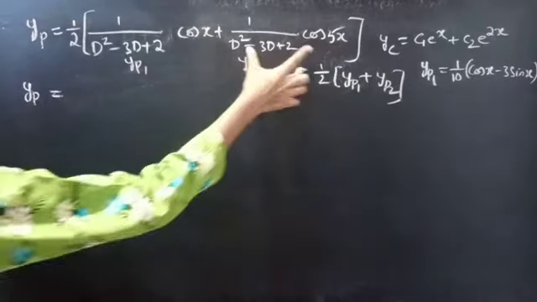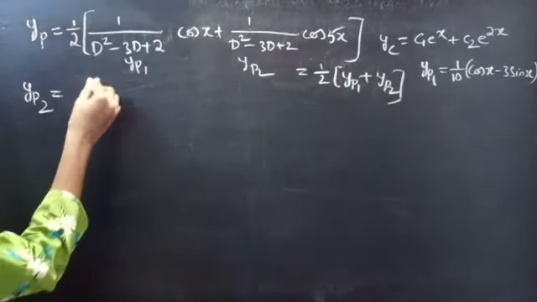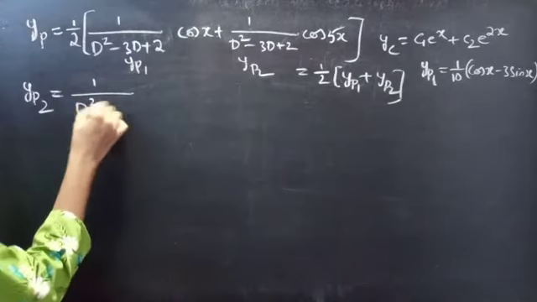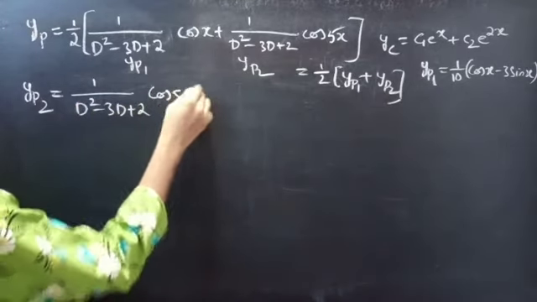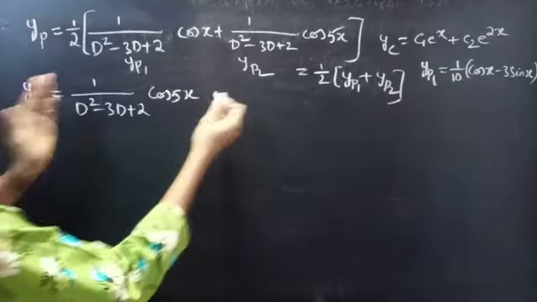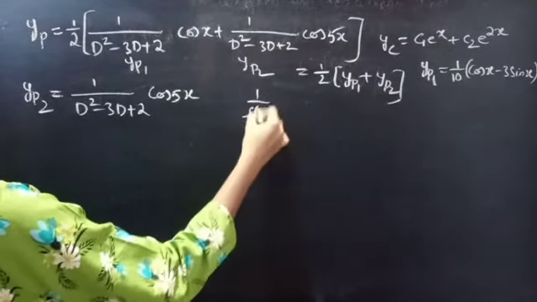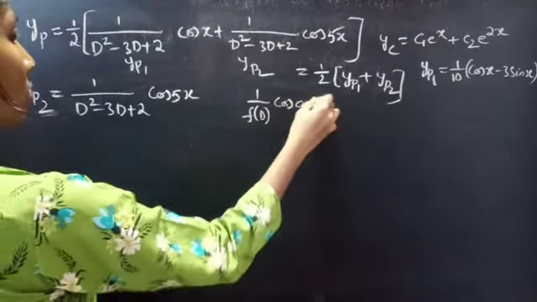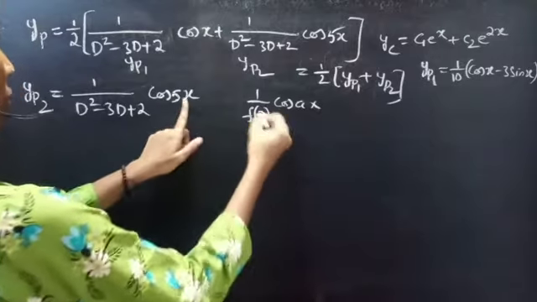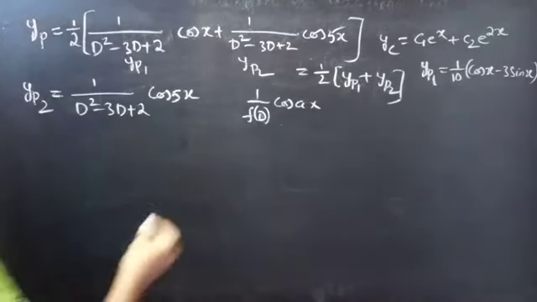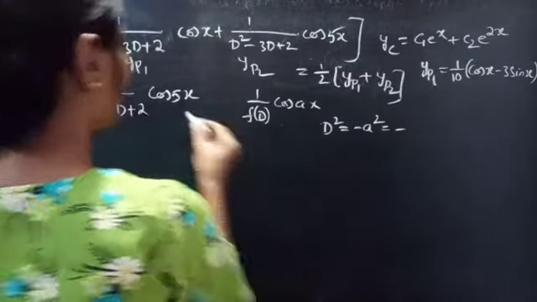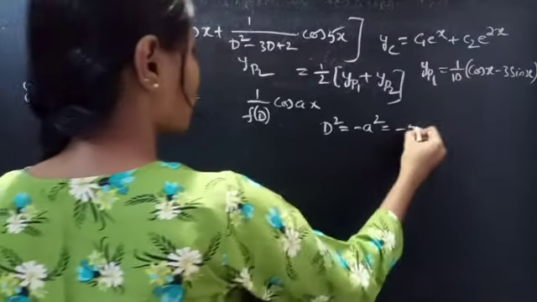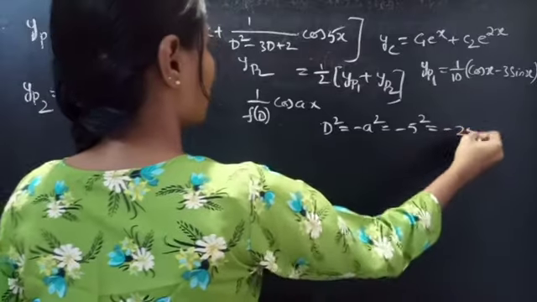Now let's find yp2. yp2 equals to 1 by f of d into cos 5x, right? This is also in 1 by f of d into cos ax form for a equals to 5, right? So firstly, let's find d square, which is given by minus a square, which is equals to, for a equals to 5, you'll get minus 5 square equals to minus 25.